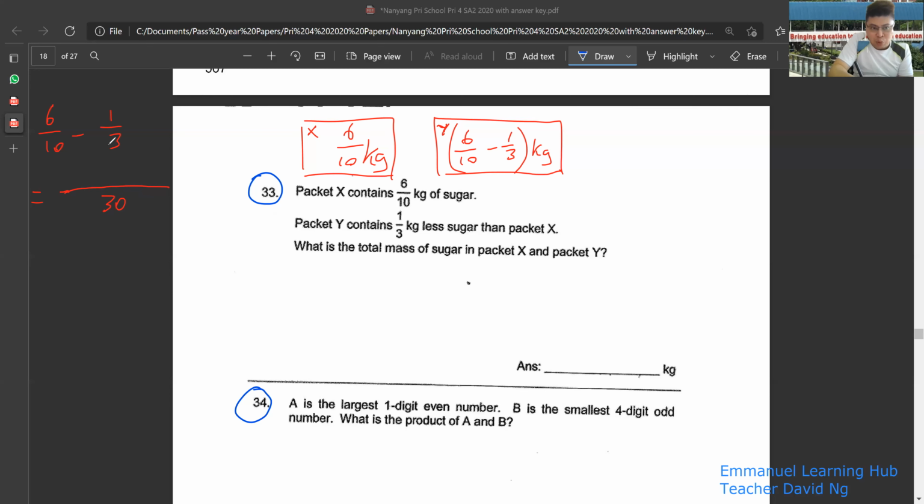That's because you can see there is a smaller multiple. That means you need to be very versatile in your multiplication timetable in order to know whether it's the lowest common multiple.